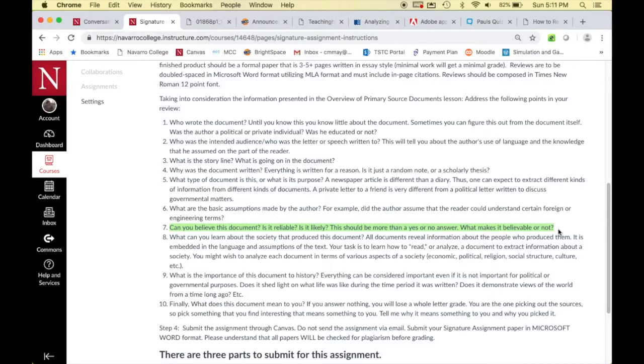Now, most of the time, people produce things with a purpose, and that purpose can bias their portrayal of things as they appear. So, for instance, Shakespeare is a fantastic example. When we look at Shakespeare's history plays, and particularly if we look at the play about Richard III, Shakespeare is very uncomplimentary to Richard.